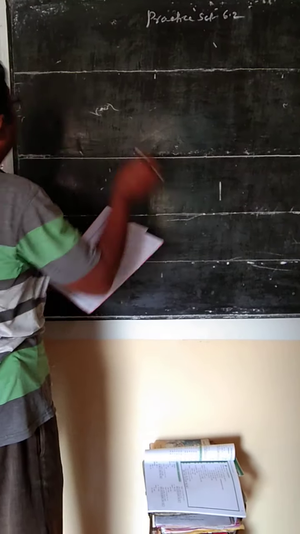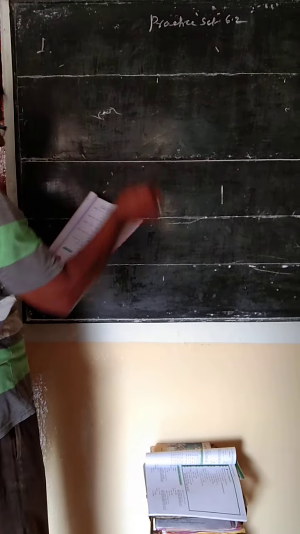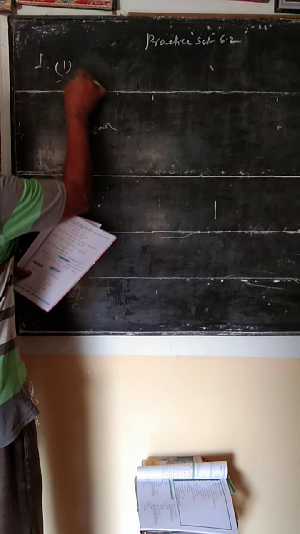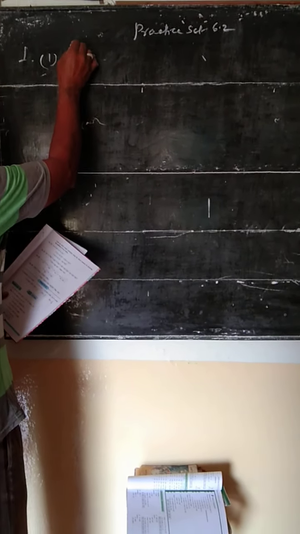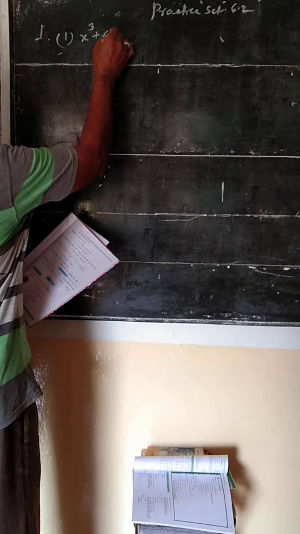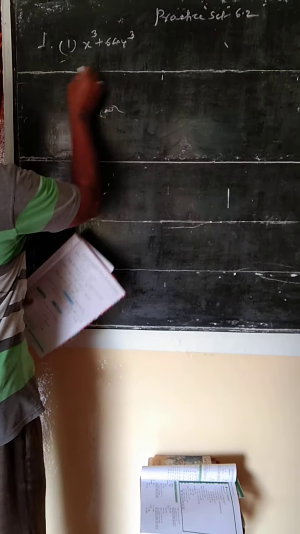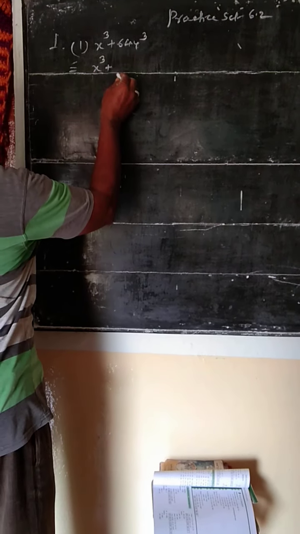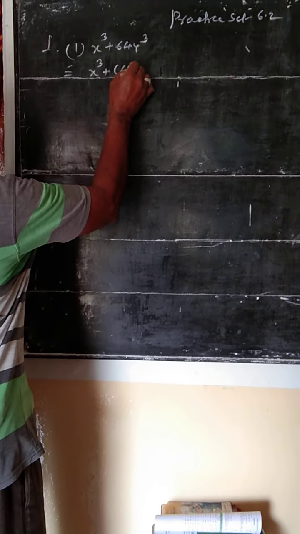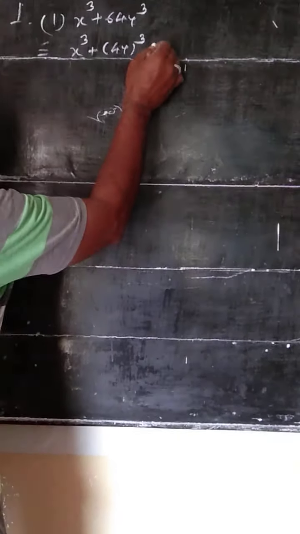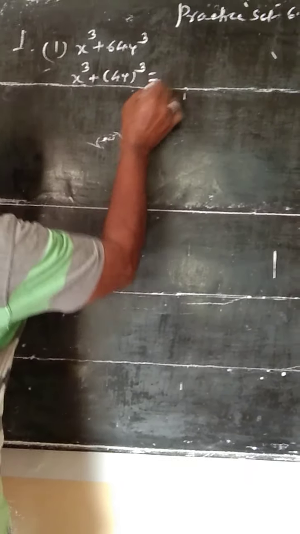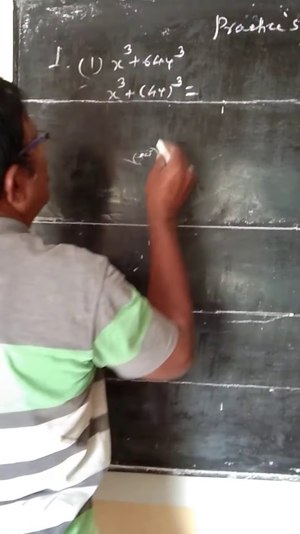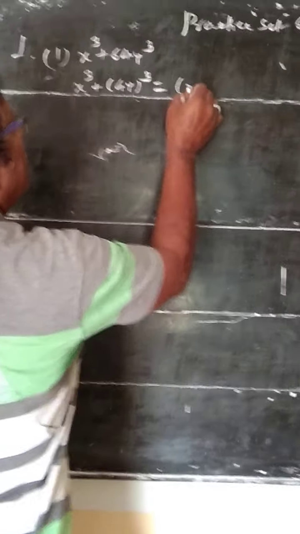In that, the first example is x cube plus 64y cube. x cube as it is, and 64y cube is (4y) bracket cube, which is equal to, in the first bracket, the sum of cube roots, x plus 4y.